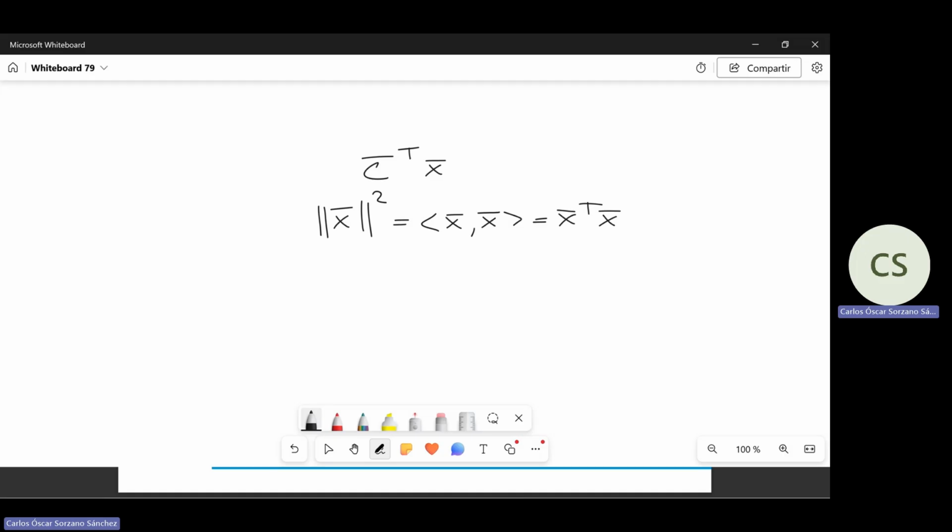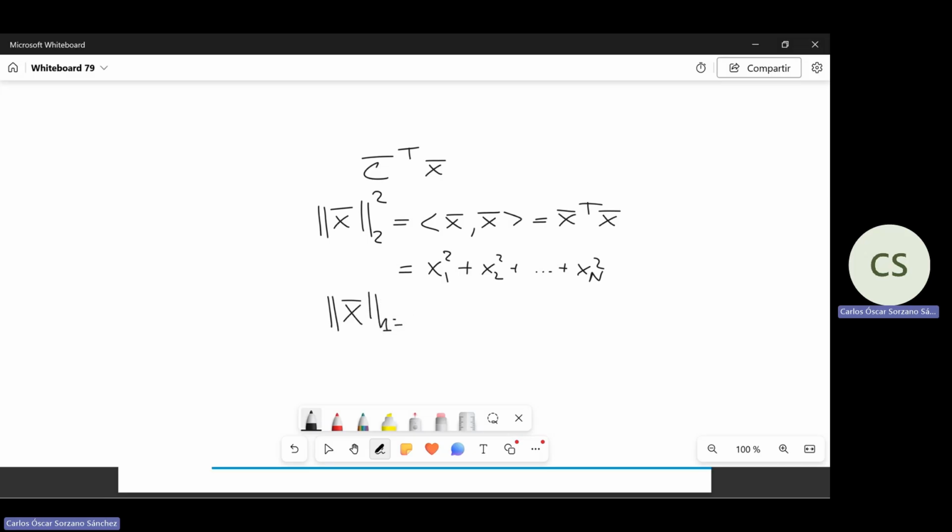And if you expand this, this is the first component squared, second component squared, up to the n component squared. Okay, good. And this is called the norm 2. So what if we define the norm 1?